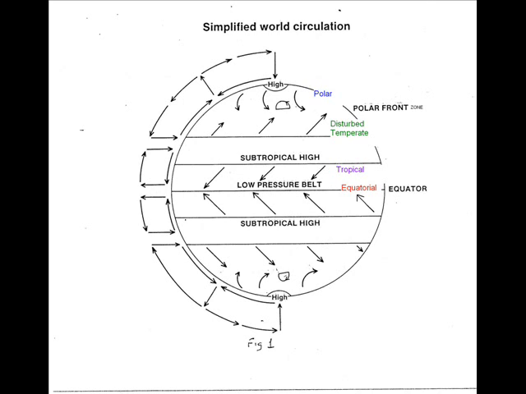Now we come to the disturbed temperate, which is shown in green. That's where we are. This is dominated by depressions forming and moving along the polar front. Again, along with an item about the polar jet, that will feature in a later tutorial.